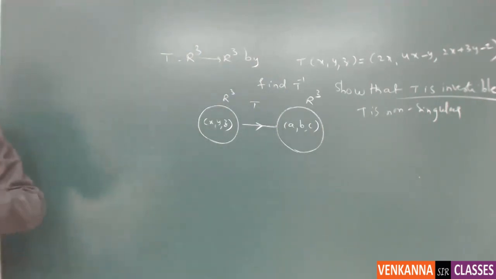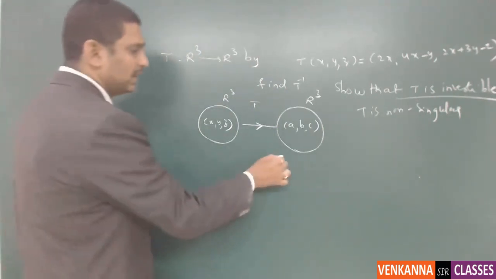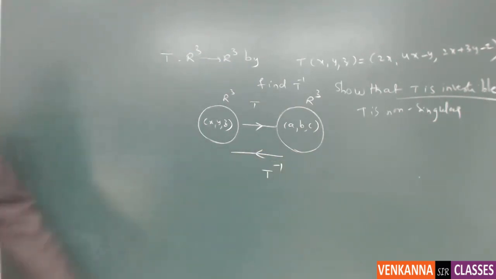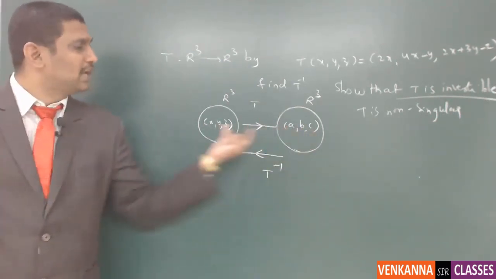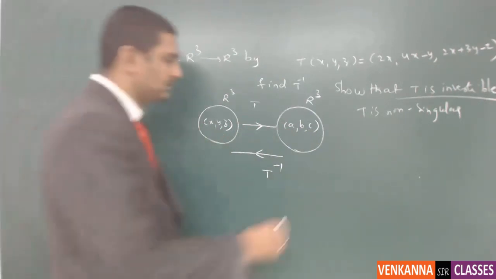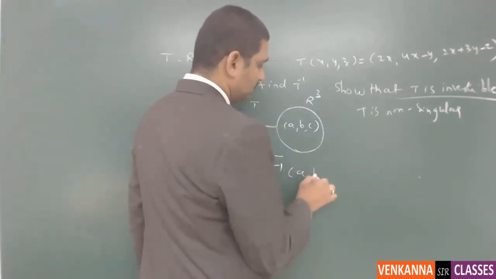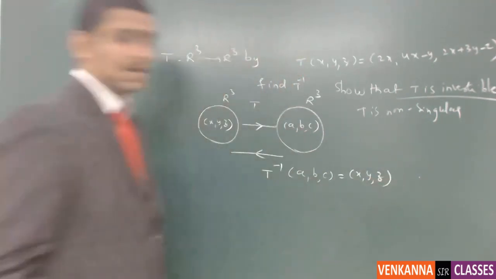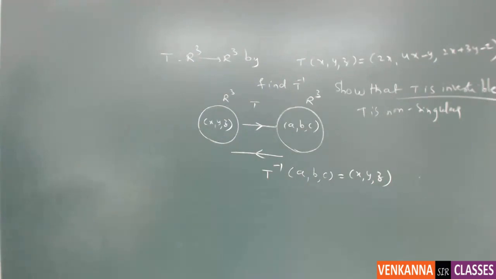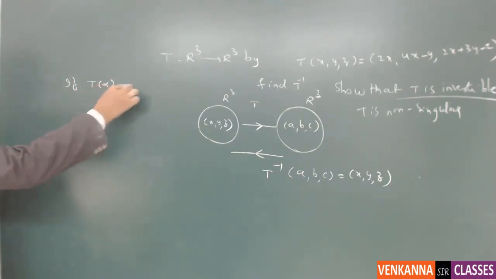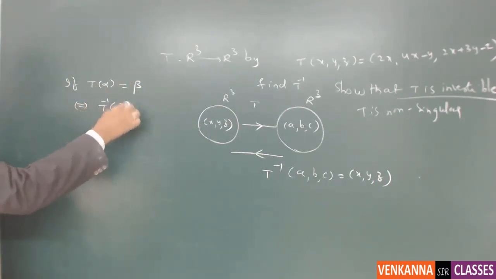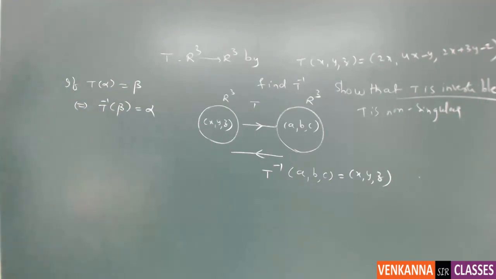So what is meant by inverse image? It comes like so. It means that T inverse of (a, b, c) is nothing but (x, y, z). If you simply write that if T of alpha is equal to beta, agreed?